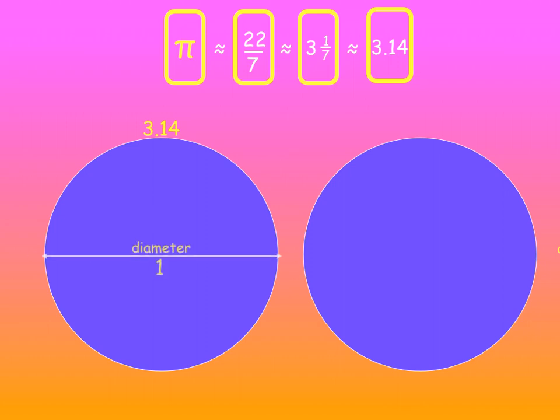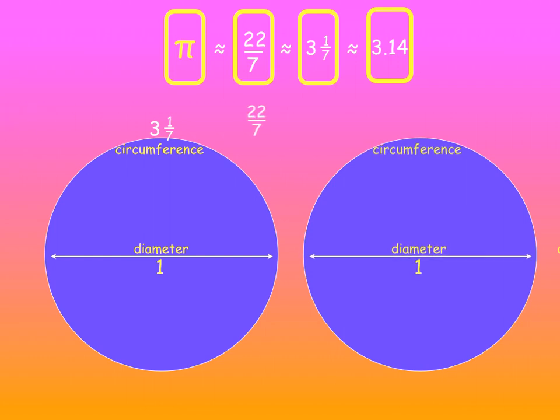When the diameter is 1 unit, the circumference is approximately 3.14, or 3 1/7, same thing. When the diameter is 1 unit, the circumference is 22/7, which is approximately equal to 3.14, or 3 1/7.